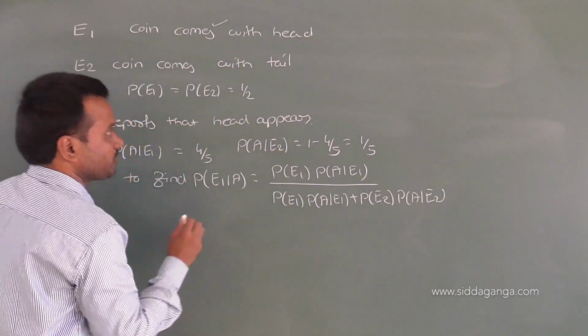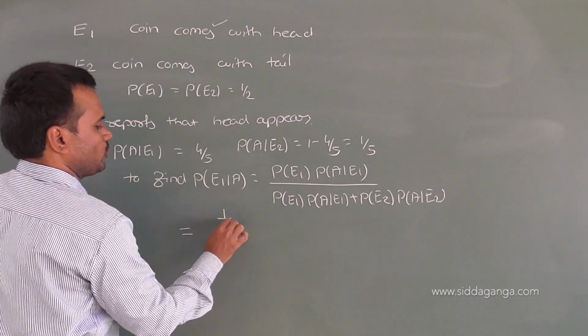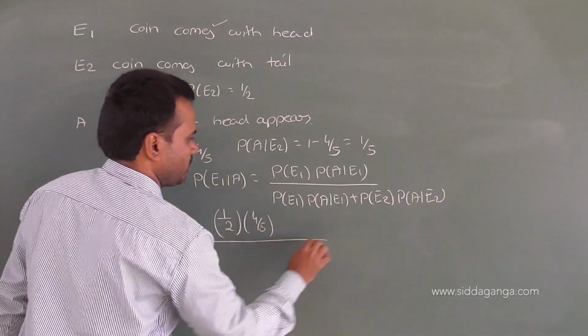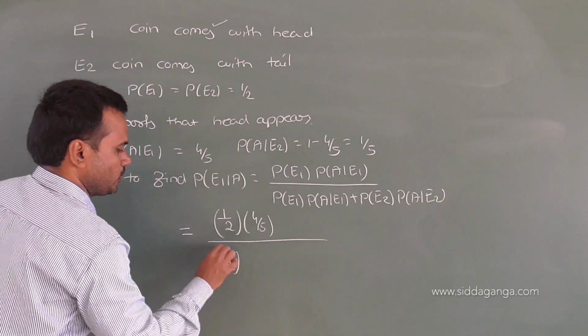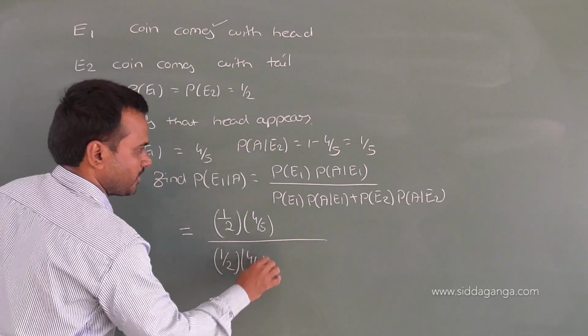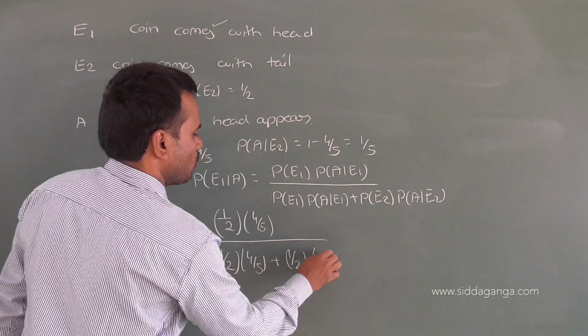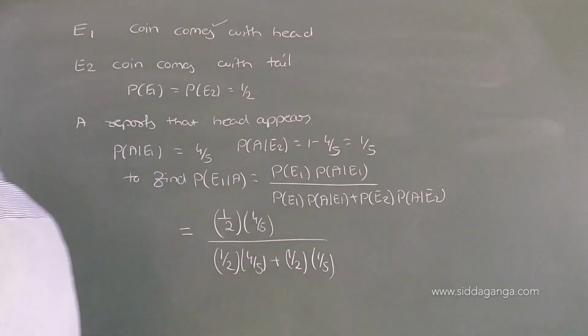Substitute all the values. So 1 by 2 into 4 by 5 whole divided by 1 by 2 into 4 by 5 plus 1 by 2 into 1 by 5. Very simple calculation.